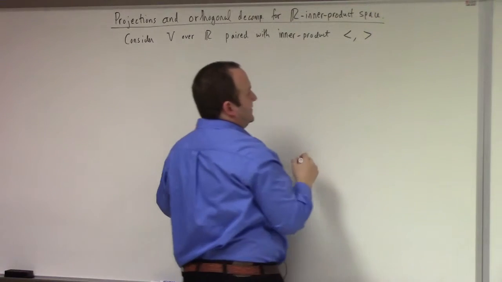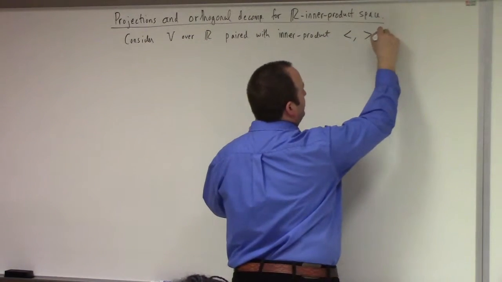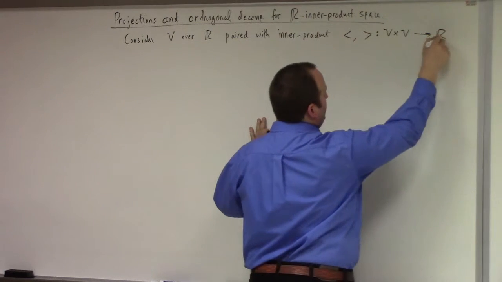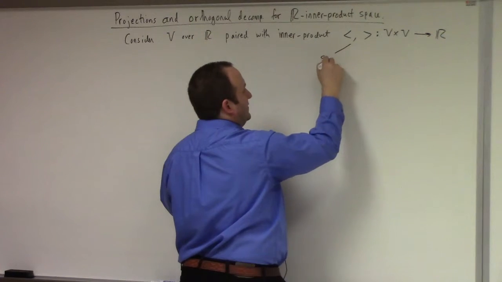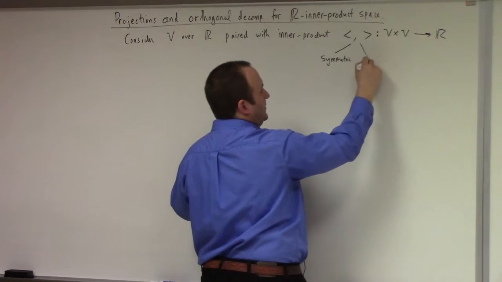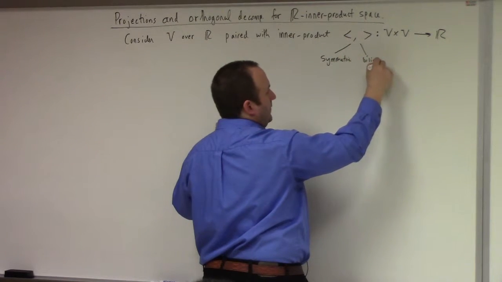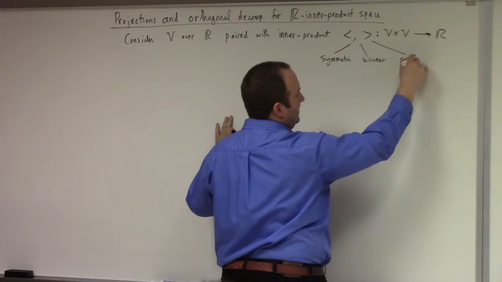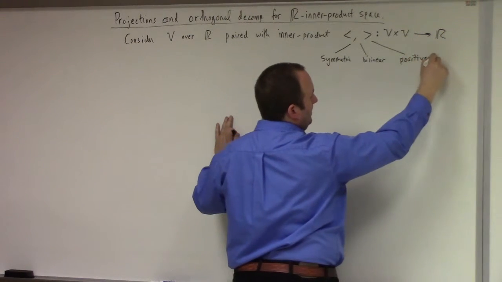We use brackets like this. This is a mapping, of course, from V cross V back to the reals. And what are its properties? Symmetric, bilinear, and positive definite.